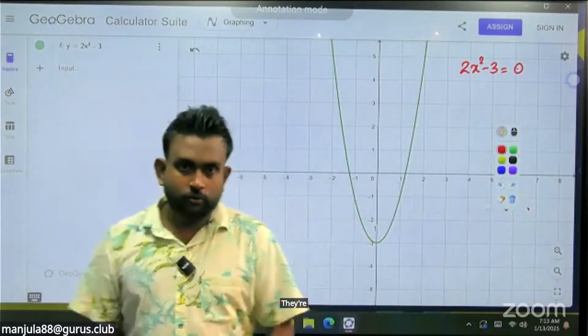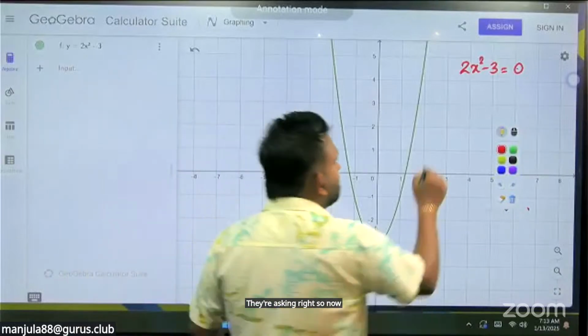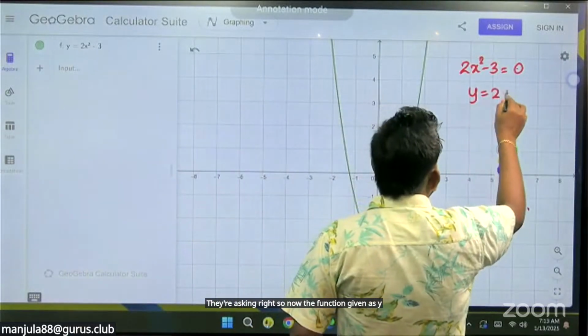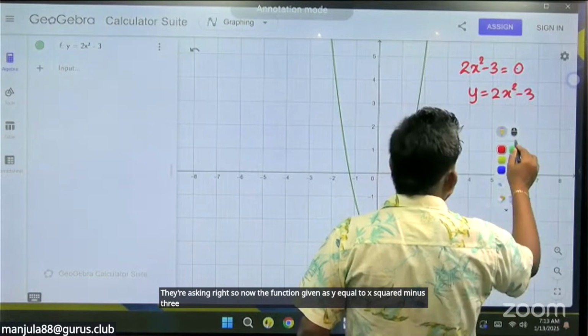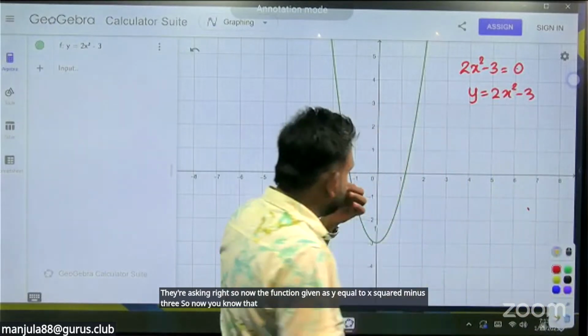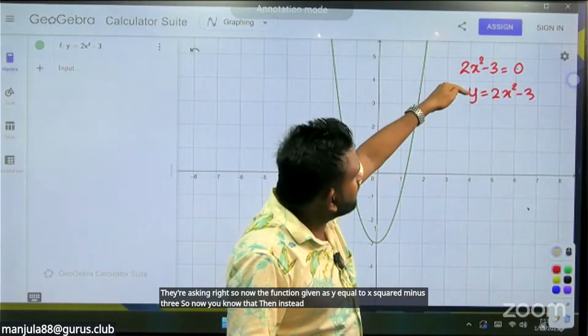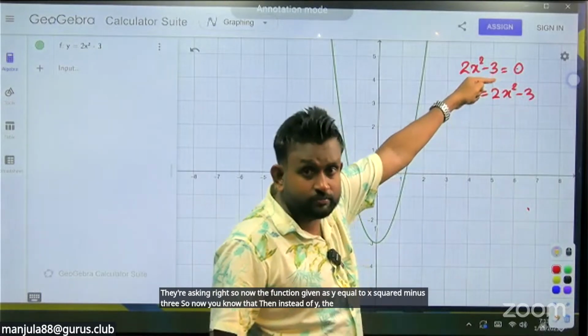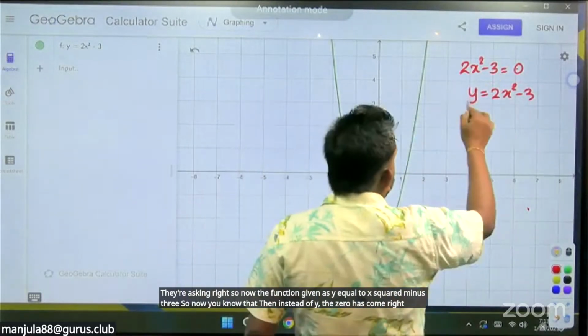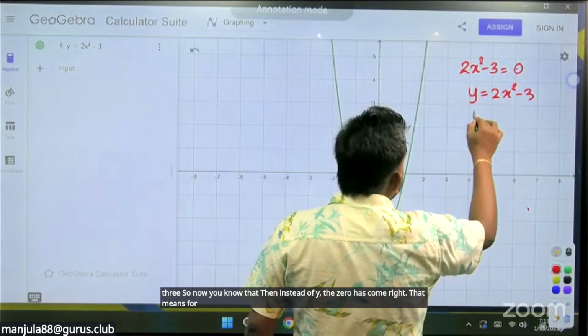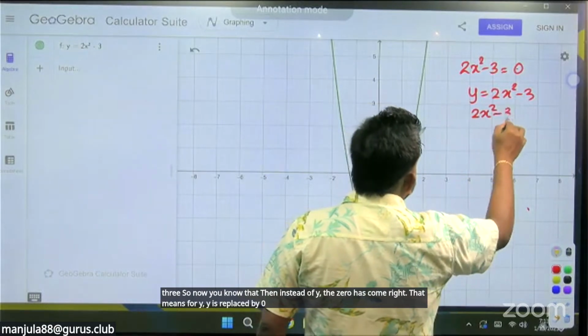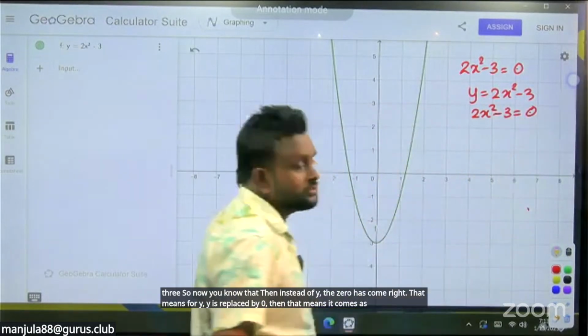Right. So now the function is given as y equal to x squared minus 3. So now you know that instead of y, 0 has come, right? That means y is replaced by 0. Then it comes as x squared minus 3 equals 0.